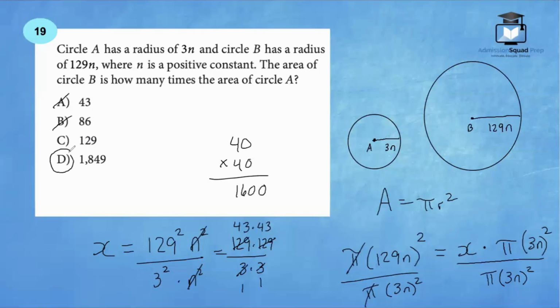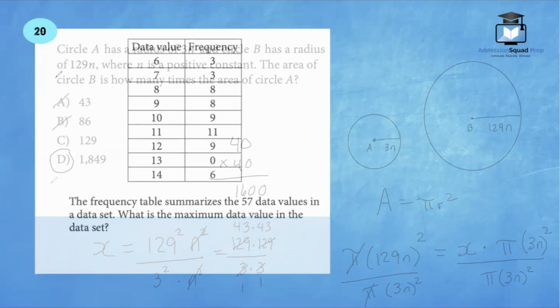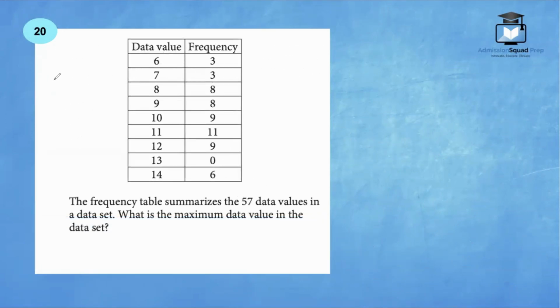So automatically, we kind of know that D is the correct answer. Now, if you want to calculate this for yourself, you can do 43 times 43, and you will get 1,849.